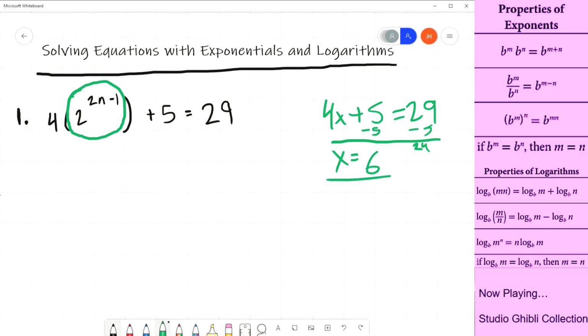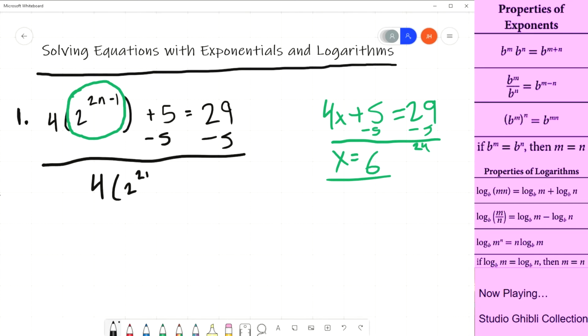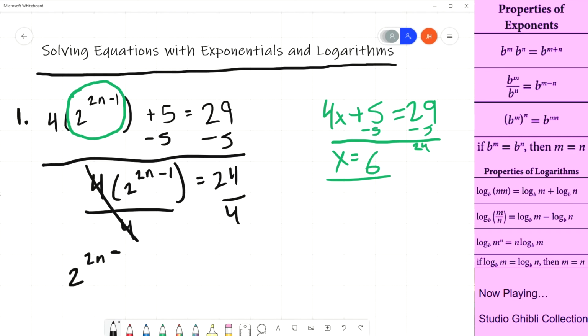Similarly over here, I'm going to subtract 5, get 4 times 2 to the 2n minus 1 equals 24, divide both sides by 4, and I get that 2 to the 2n minus 1 is equal to 6.